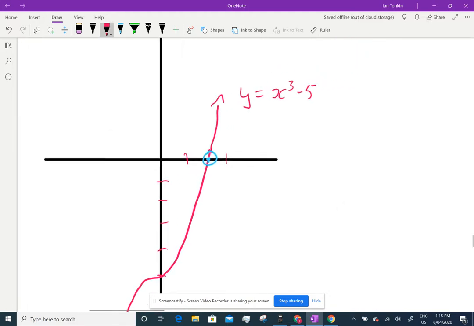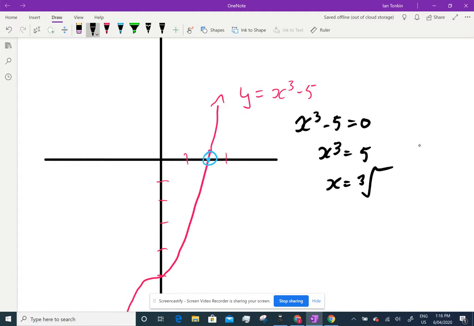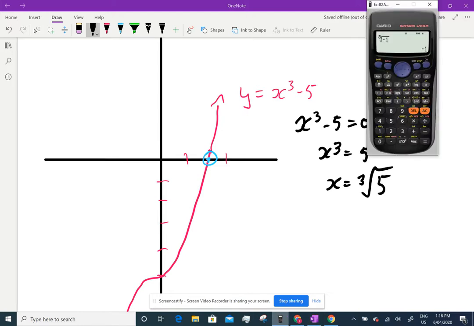What you can do, though, is you can solve x cubed minus 5 equals 0, x cubed equals 5, x equals the cube root of 5. So the cube root of 5, 1.7.